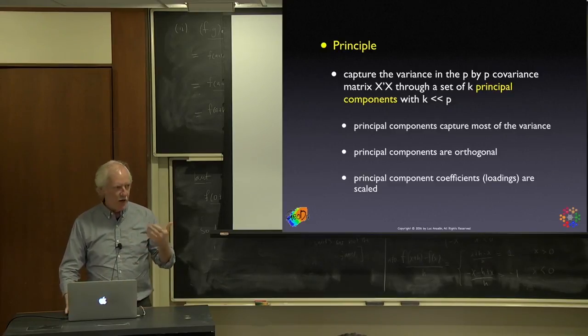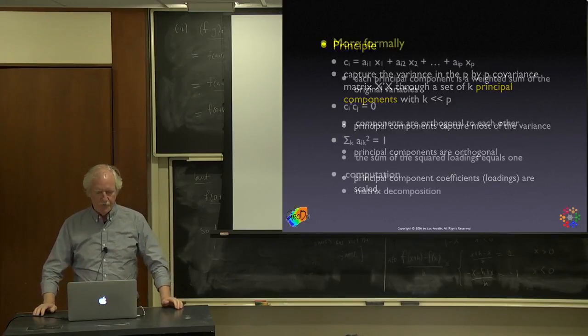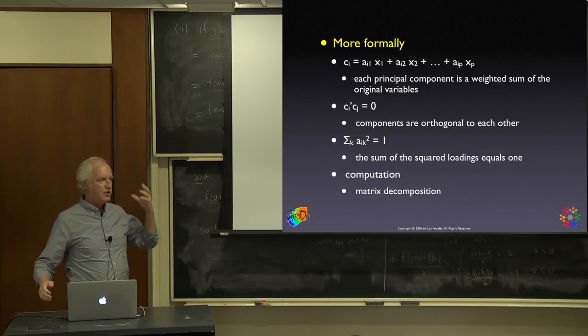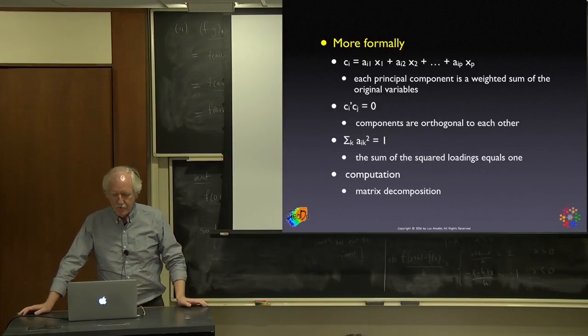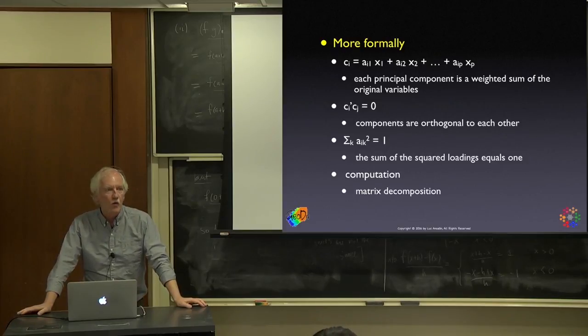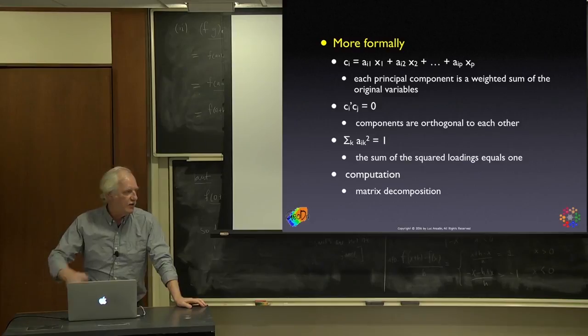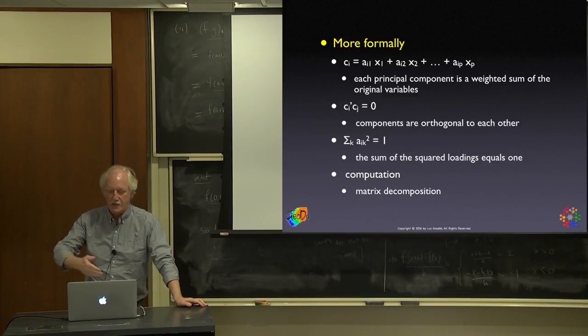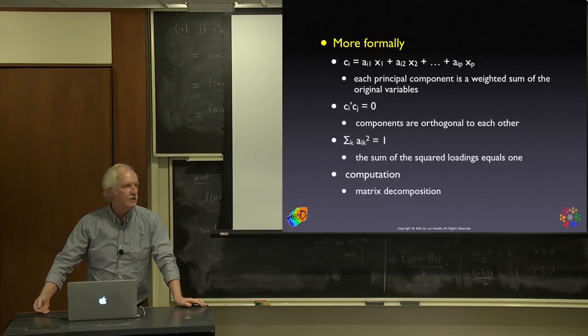Okay, so what actually happens here? We call our component C. Every observation gets a score on this component, and it is nothing but a weighted sum, a weighted average of the original variables. And I'll give you an example in a second. In the example I'm using health characteristics for community areas in Chicago.